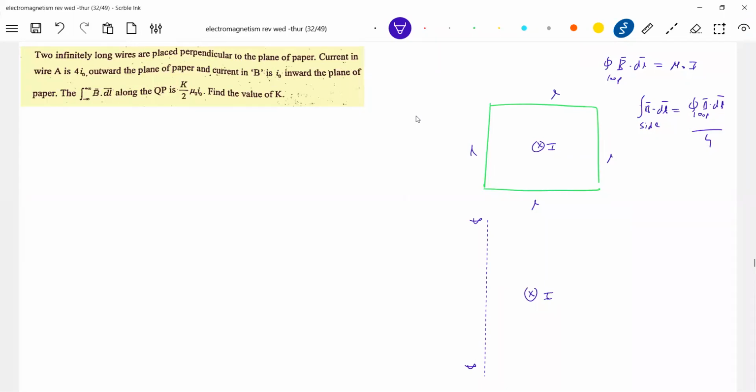What is the actual meaning of that B bar dot dl? I'll draw it; these are the lines of force.